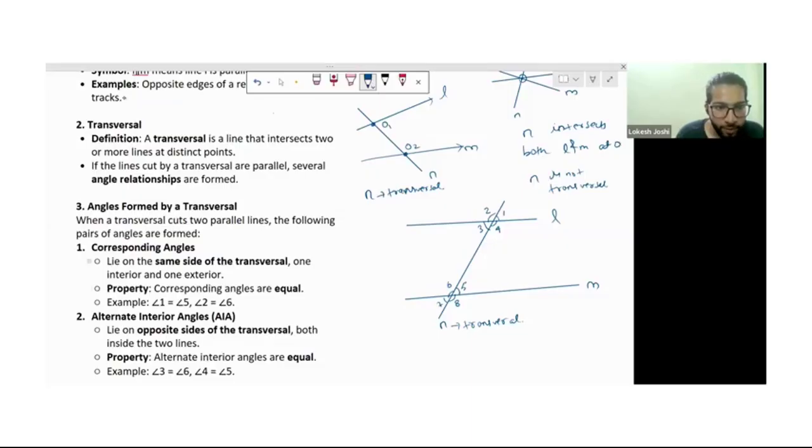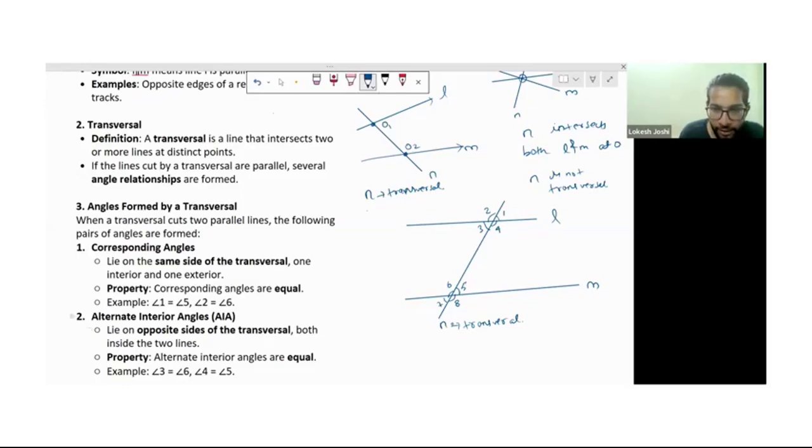So corresponding angles, it's written there, lie on the same side of the transversal, one interior and one exterior, which means they lie on the same side of the transversal. The transversal is this one, N. On the same side, which means 7 and 6, 8 and 5, 3, 2, 1, 4.